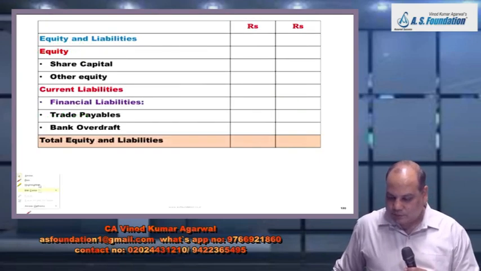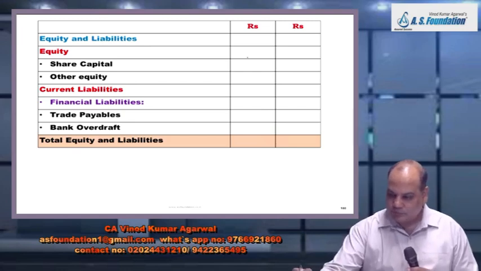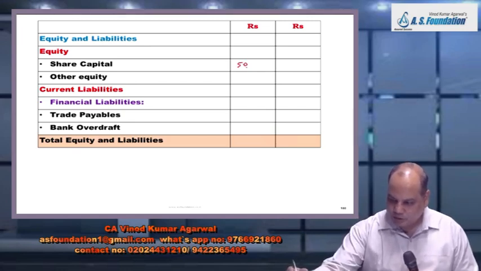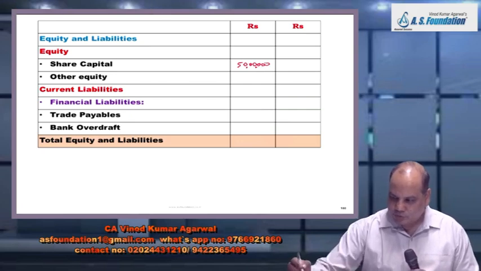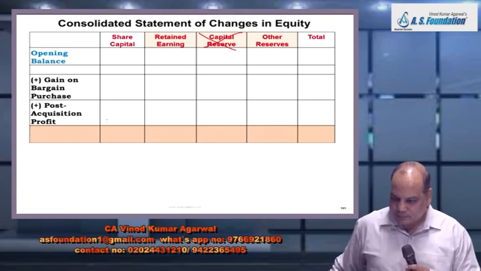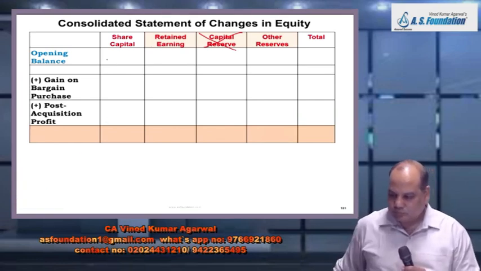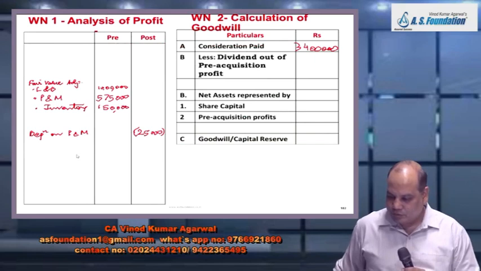Share capital, right first here in the inner column. Parent company 50 lakh. And what you do, you also write in SOCIE share capital opening balance. Is it 50 lakh? And what will you do with that share capital of subsidiary? Goodwill.